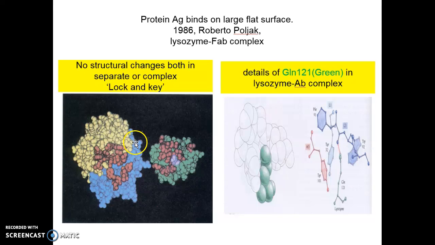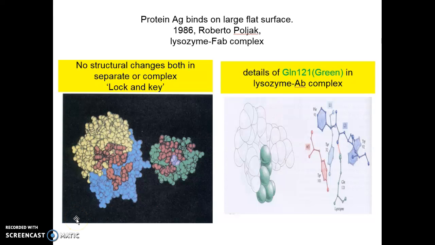FAB fragment, yellow and blue, and the antigen, lysozyme, in green color, have been separated in this diagram, and their combining surfaces are viewed end-on. Atoms that are in contact in the complex are colored red both in FAB and lysozyme, except glutamine 121 in lysozyme, which is violet.